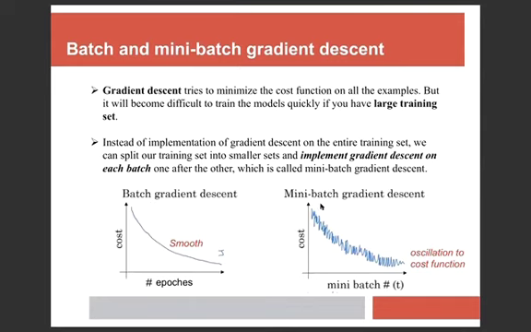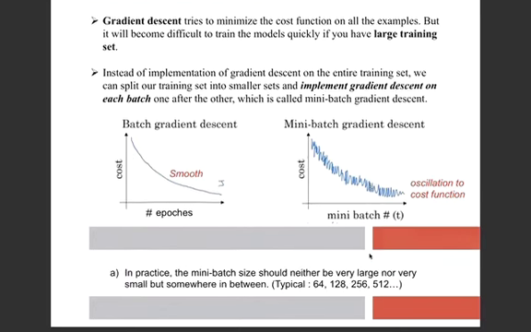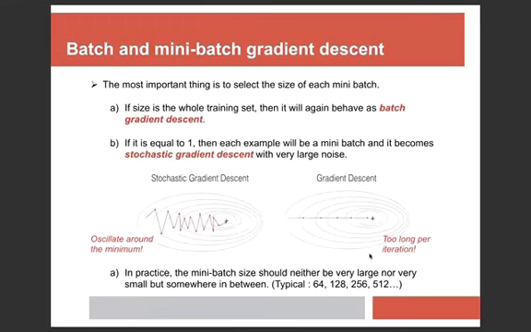The oscillation will be to a very large extent, with very large noise in the cost. Sometimes it won't even converge. In practice, the mini batch size should never be too large or too small, but somewhere in between.